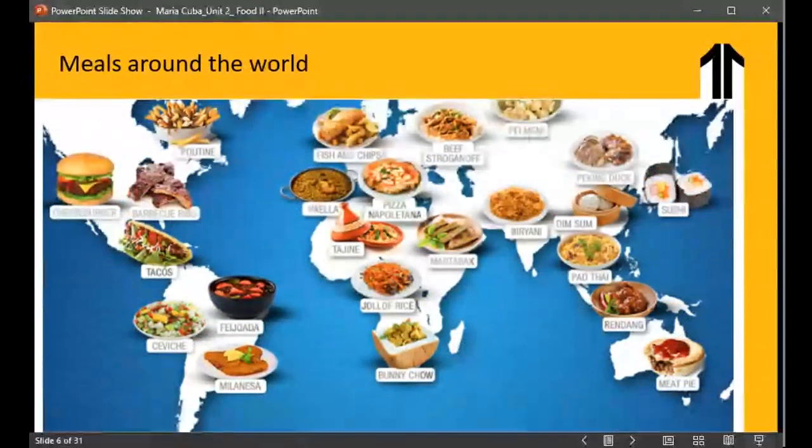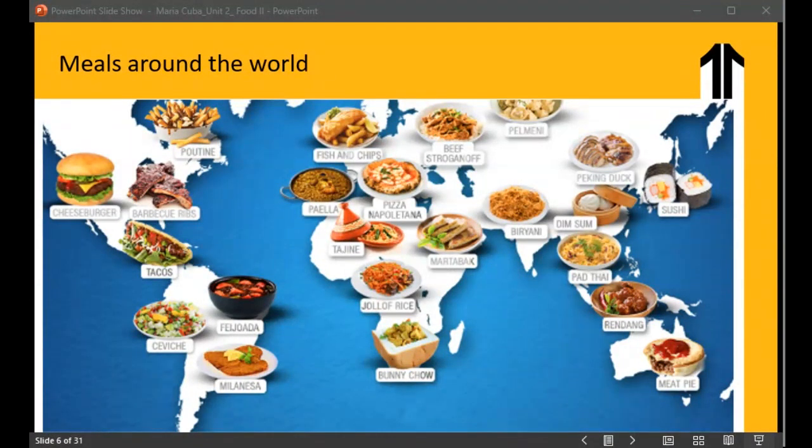Around the world, there are several kinds of dishes. We have not only tacos, but also the feijoada in Brazil, la paella in Spain, fish and chips, pizza napolitana, etc. Okay.